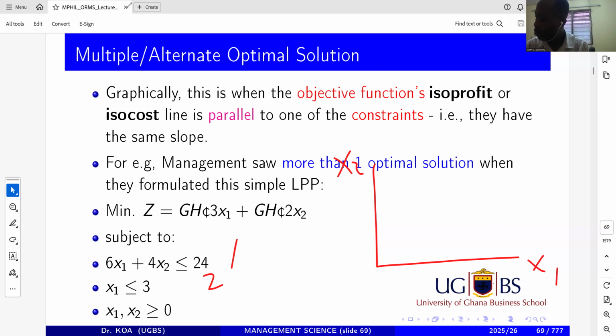Now how do you draw constraint 2? Chris Duncan. How do you draw constraint 2? So now you equate the equation to 0. How do I equate the equation to find the coordinate?